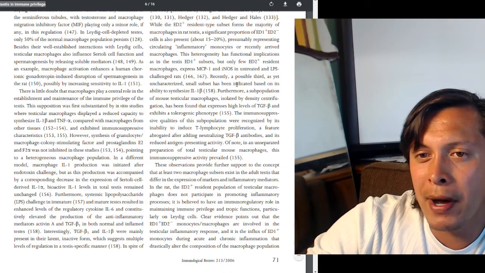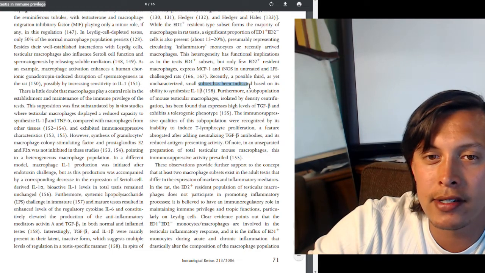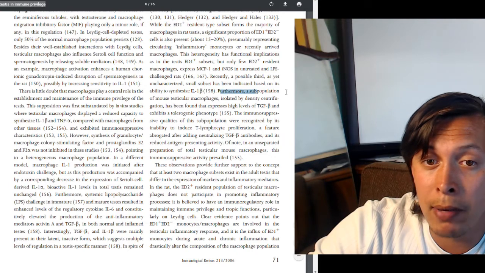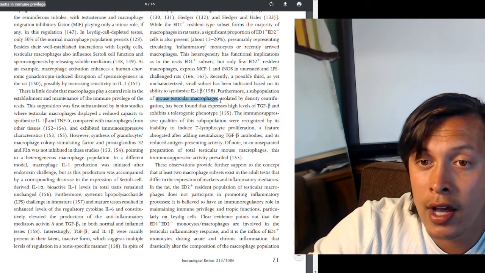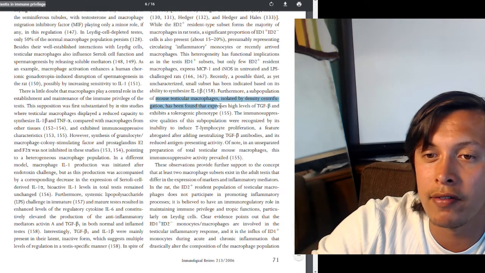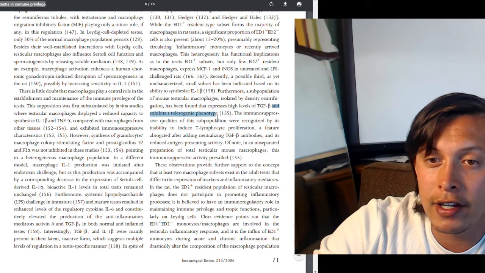Regardless, a possible third and yet uncharacterized small subset has been indicated based on its ability to synthesize interleukin-1 beta. Furthermore, a subpopulation of mouse testicular macrophages, isolated by density centrifugation, has been found that express high levels of TGF-beta and exhibits a tolerogenic phenotype.